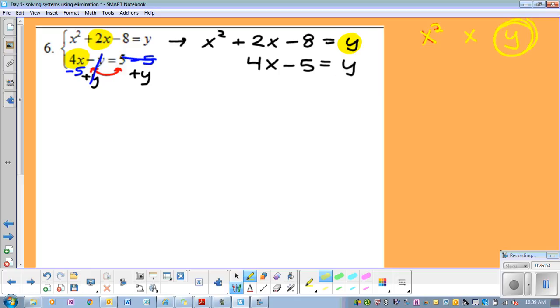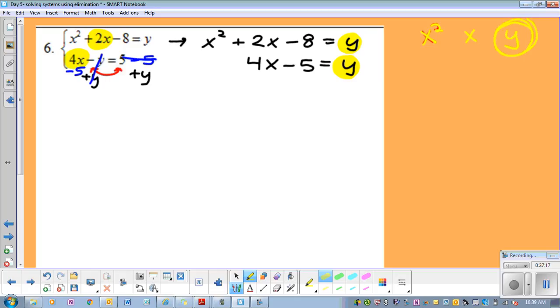Alright, so now I'm going to look at my y's. Because now they're lined up, and now I can fix the y's. Guys, what is the number in front of both of those y's? 1. This is perfect. They both have the same number already. I just need one of them to be negative. Which one do you want to make negative?